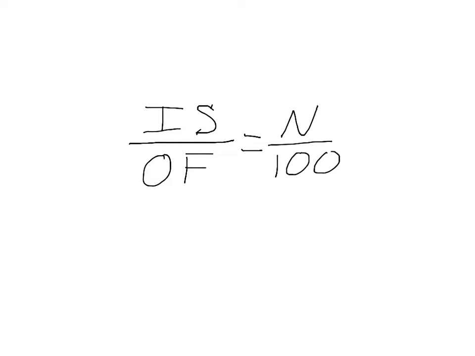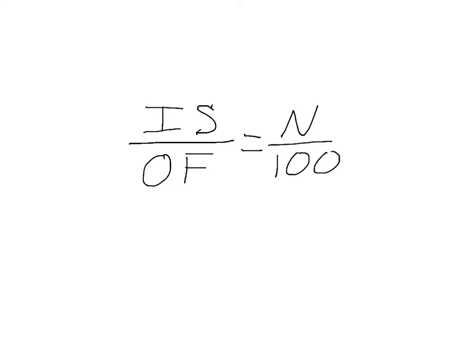N over 100. What is n over 100? It's a percent. So right away, when I look at this proportion, I know I'm dealing with percentages because there's the n over 100 that I have there.